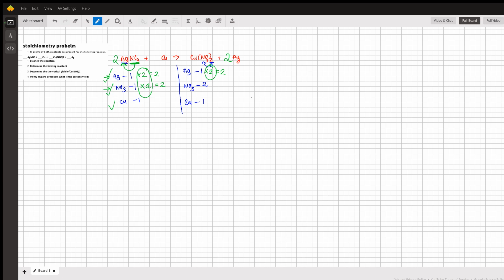Now, second question: determining the limiting reactant. Let's rewrite the balanced equation first. So we have 2 AgNO3 plus copper becoming Cu(NO3)2 plus 2 Ag, right?